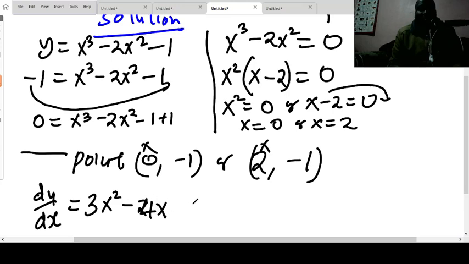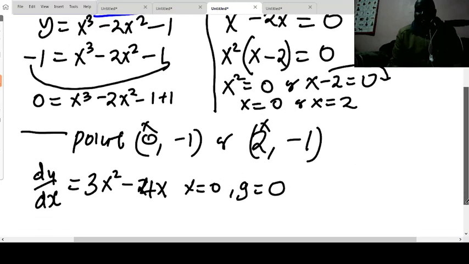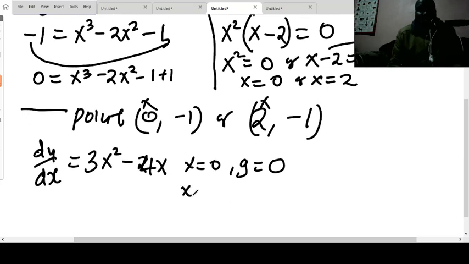So when x is equal to 0, you see that the gradient is going to be 0. And then when x is 2, the gradient equals, substituting here, 3 times 2 squared minus 4 times 2. So the gradient is 12 minus 8, which is 4. The gradient will be 4.